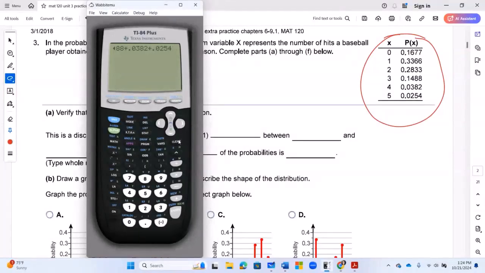Okay, and I'm going to add all of them, which means I'm going to hit enter. Okay, all the probabilities are equal to 1, so it satisfies the 1 probability rule.